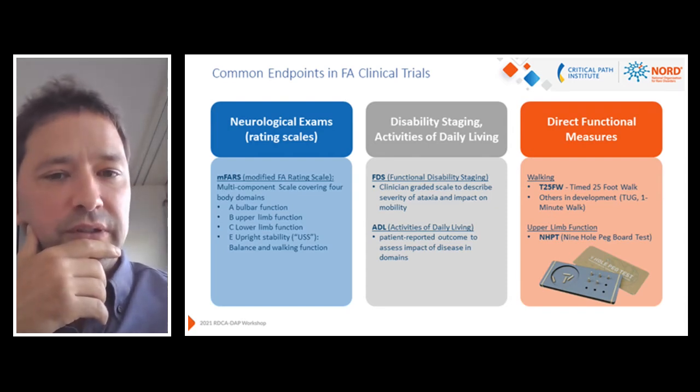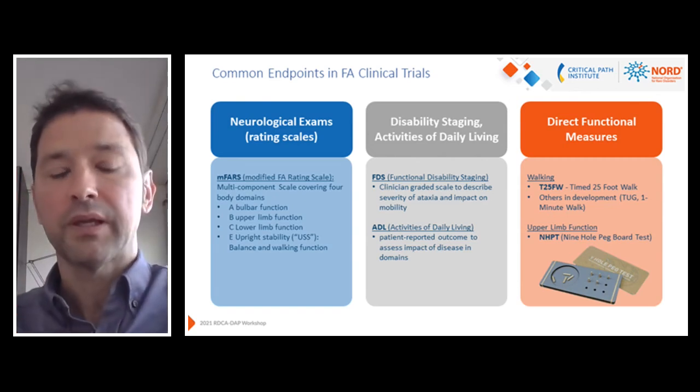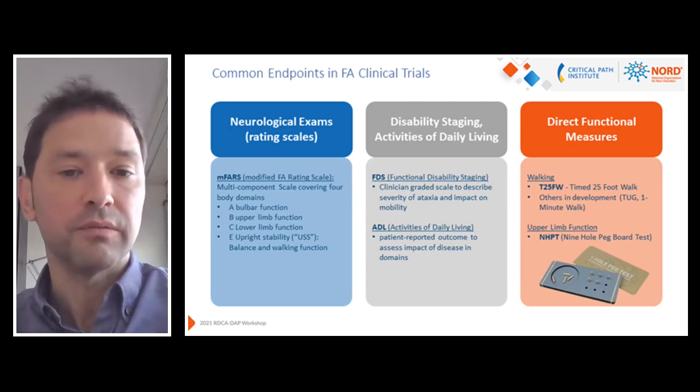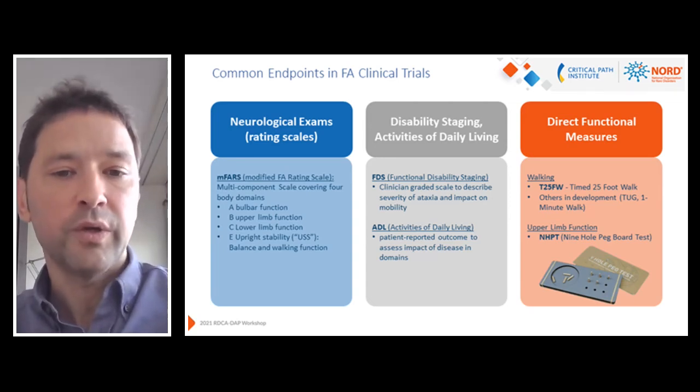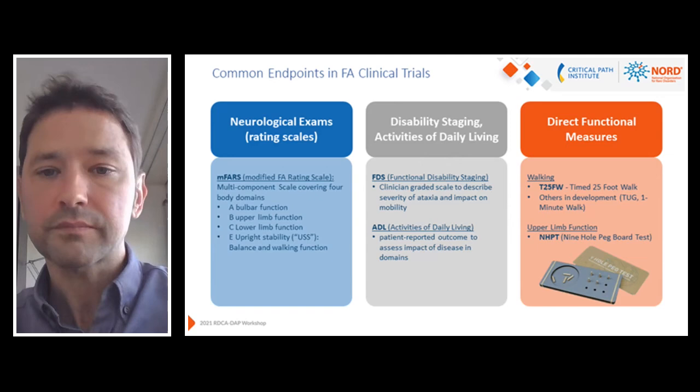Then in the gray box in the middle, you have a functional disability staging that assesses the disease on a broader scale and focuses on milestones. And we have an activities of daily living score, which is a patient-reported outcome.